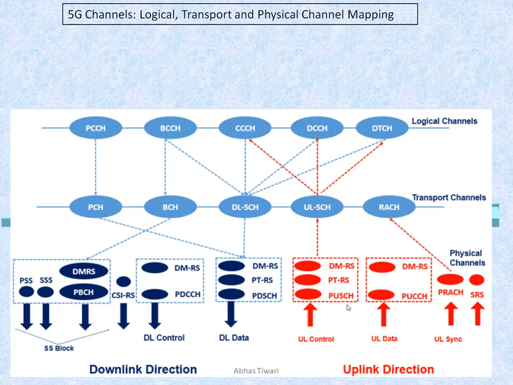It was not earlier present in 4G. DMRS is present in 4G also. PUSCH you already know. PUCCH you already know. For the physical channels, you need to study the reference signals. SRS, sounding reference signal, you already know, which means it was already present in 4G.